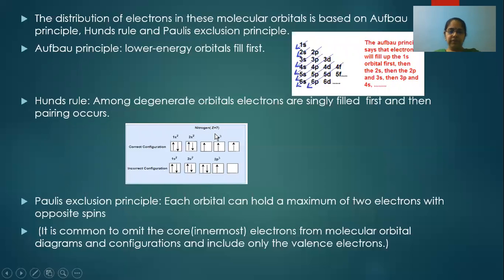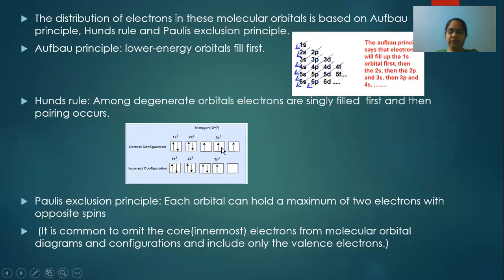If we consider the example of nitrogen, consisting of 7 electrons, first 2 electrons enter into the 1s orbital. Once the orbital is completely filled, the electrons enter into the higher energy orbital. So 2s is also completely filled with 2 electrons. Now we have 3 electrons left over to distribute in the 2p orbitals.